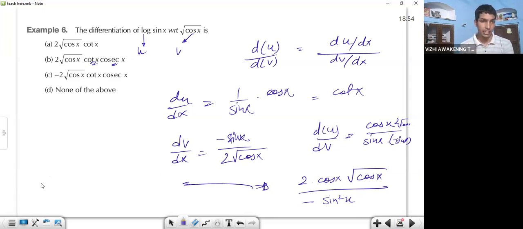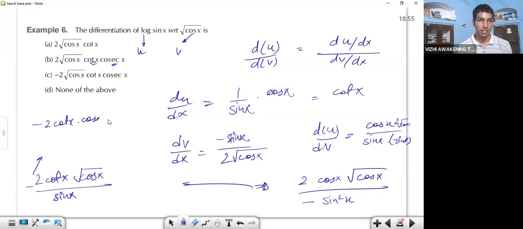Cos x by sine x will make it 2 cot x into root of cos x. Here there is a sine x remaining, so this will become minus 2 cot x into cosecant x, as 1 by sine x is cosecant x.